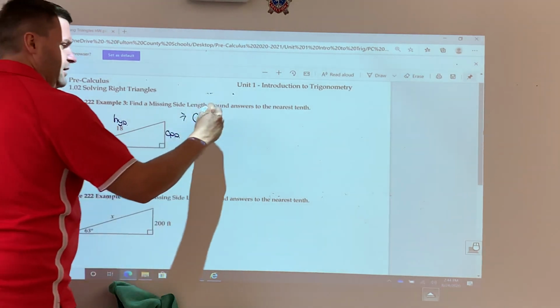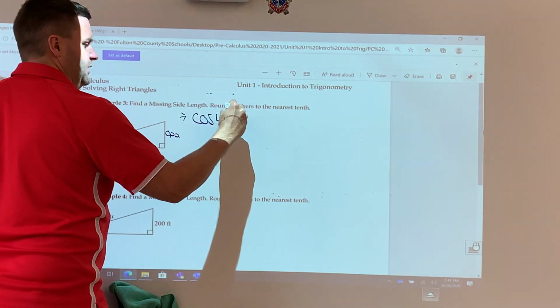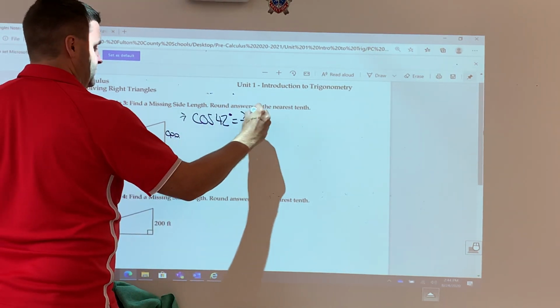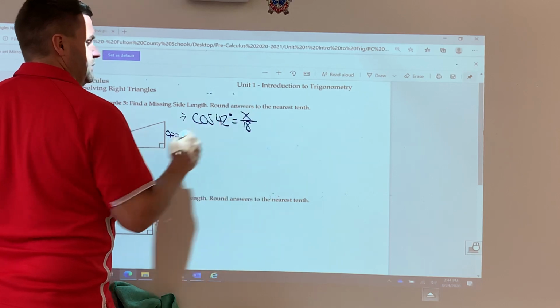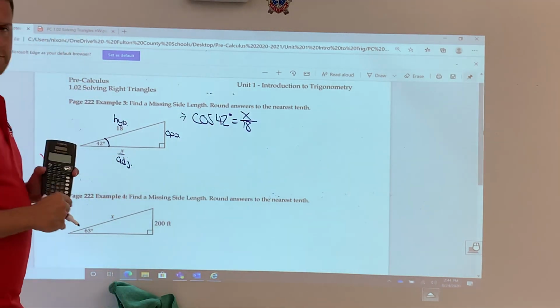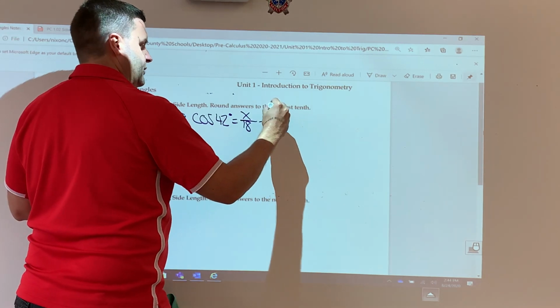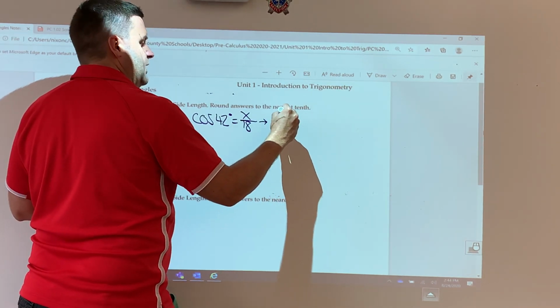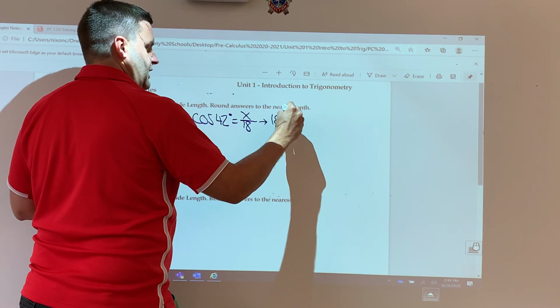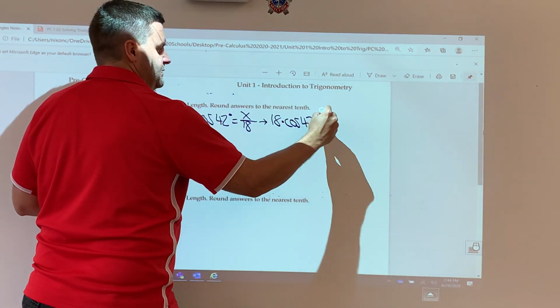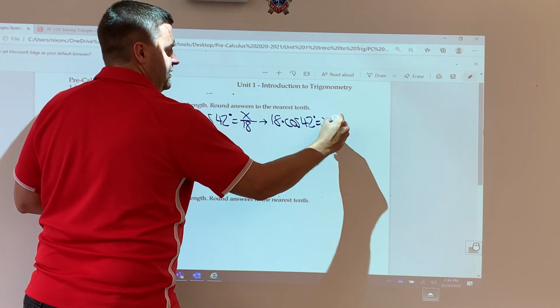I'm going to say cosine of 42 degrees is equal to adjacent over hypotenuse, x over 18. Okay? So then my next step is to multiply both sides by 18 because I need to isolate the x. So I get 18 times cosine of 42 degrees equals x over 18.